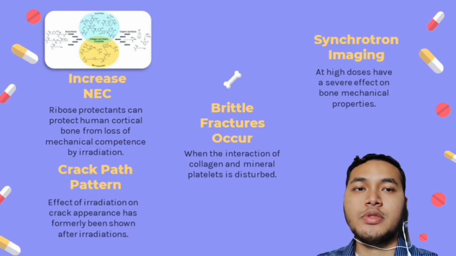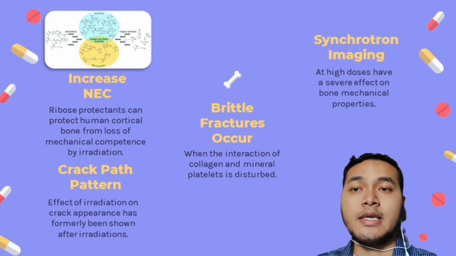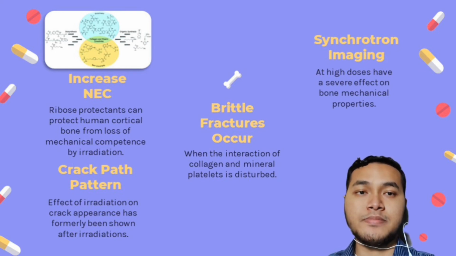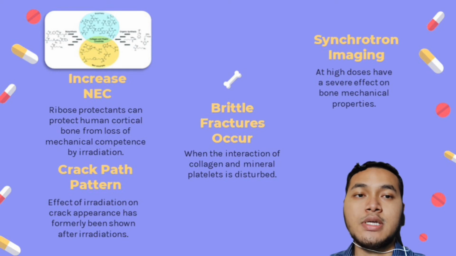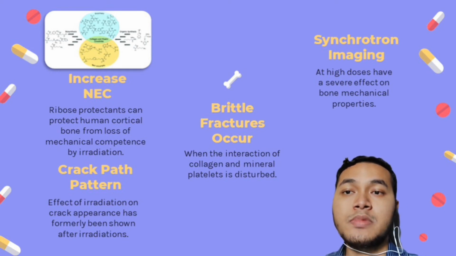Irradiation has been shown to increase non-enzymatic cross-linking, which is NEC, in bone and other tissues. Ribose protectants such as a ribose pre-treatment can protect human cortical bone from loss of mechanical competence by irradiation.